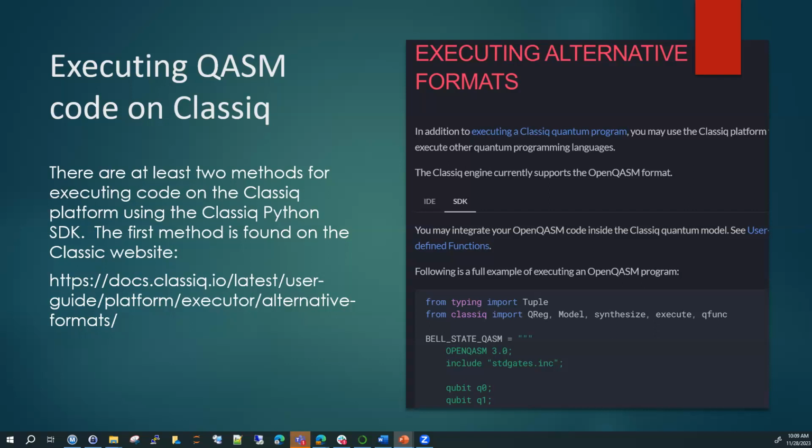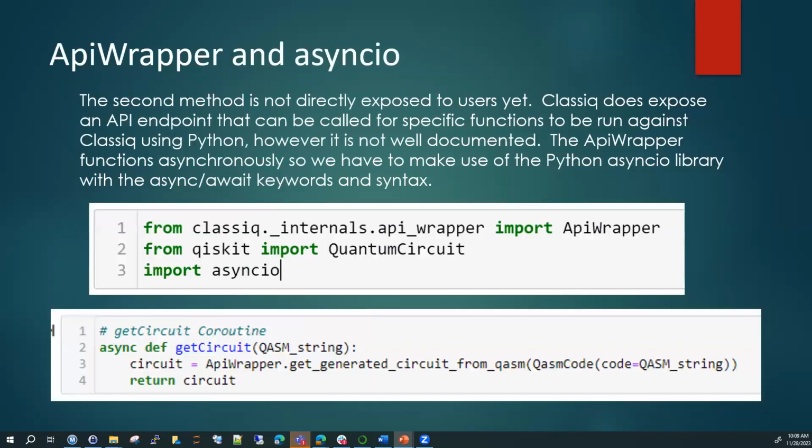One is documented within the Classiq documentation page, and I put a link there in case anyone wants to visit it. The second method is using an API wrapper or an API call that Classiq exposes. It's not directly exposed, meaning there's no documentation, but our advisor provided some information on how to use it.